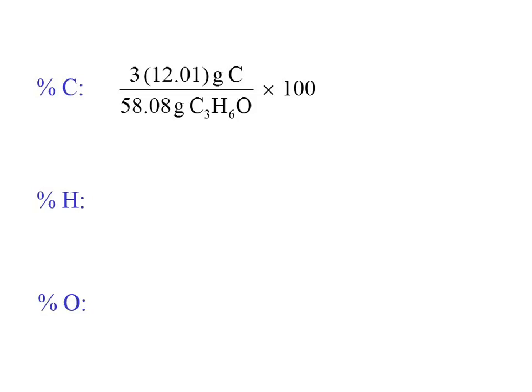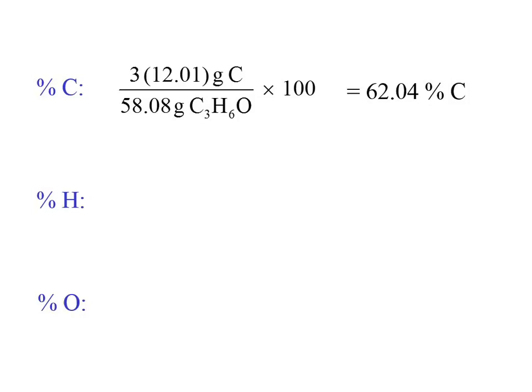Take it times 100, and then you're getting to percents. And I don't know if you remember, but with your egg, I said you still follow the rules of rounding. The 3 is exact, but there's uncertainty in the 12.01 and the 58.08, so 4 sig figs. So you should get a weight percent of carbon of 62.04%.